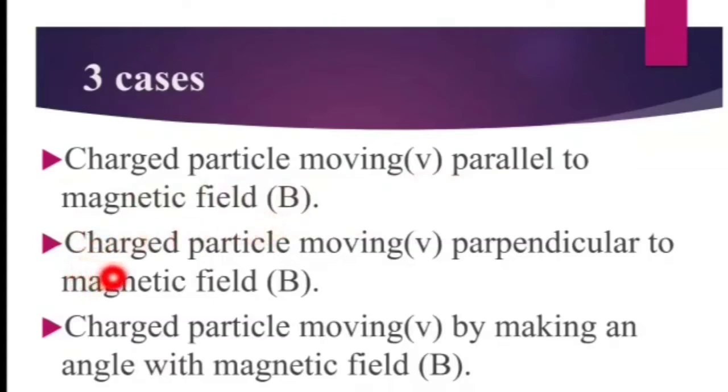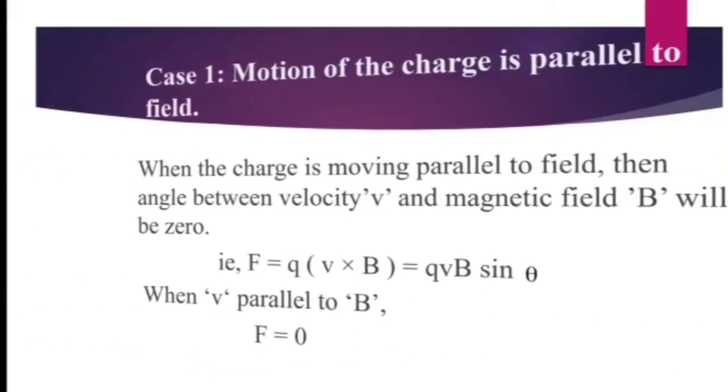Next case is our charged particle will be moving perpendicular to the magnetic field. And the final case is the charged particle will be moving by making an angle with the magnetic field, that is neither parallel nor perpendicular. So these are the three cases that we have to deal with. So let us check out the first case.